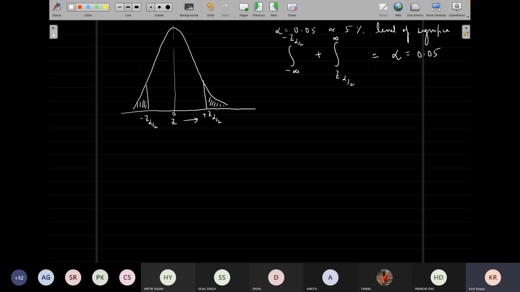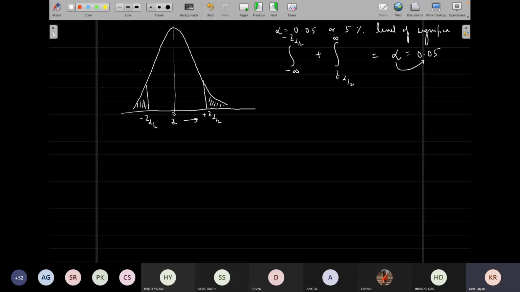So this is what we are saying when we are defining the level of significance. This is the value alpha which we give, that the total probability which lies in the shaded region is equal to this alpha. So our quest is to figure out this alpha.